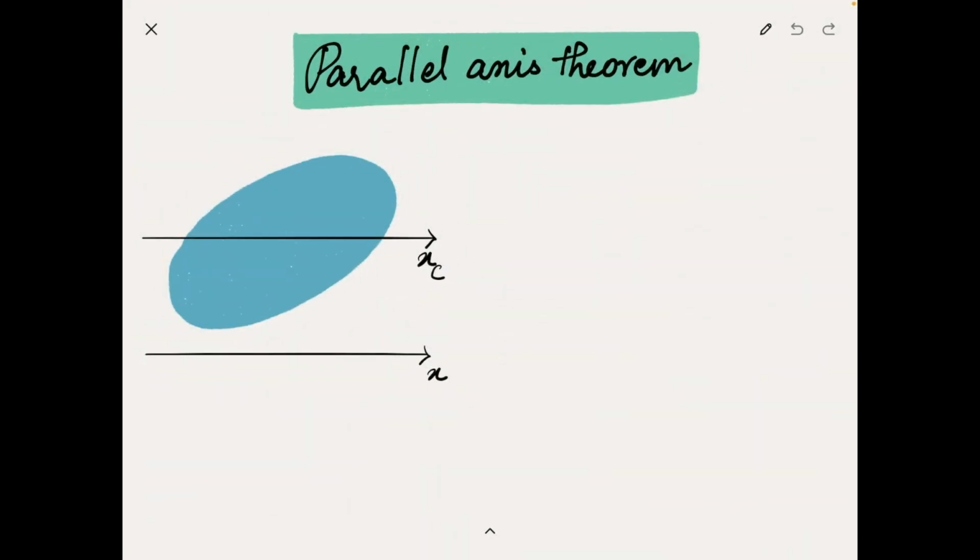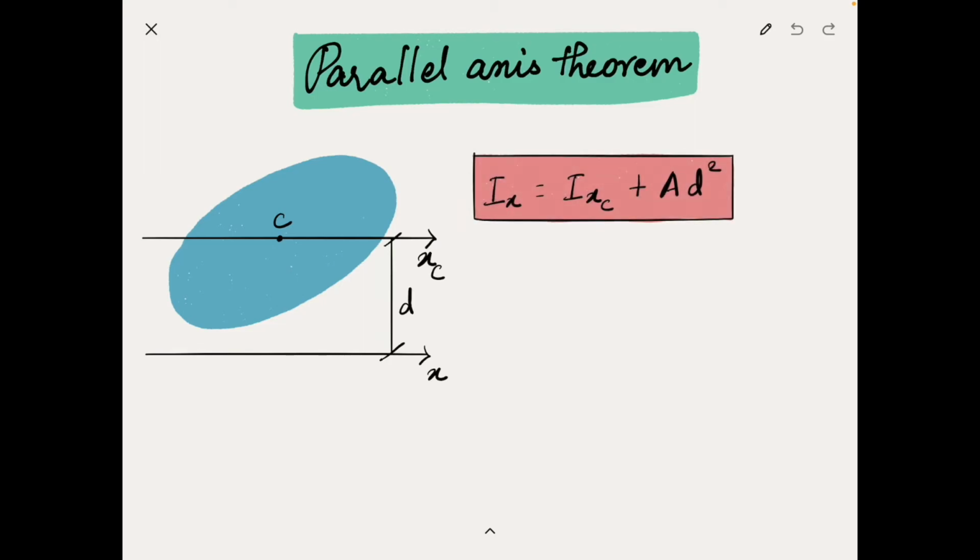To explain the parallel axis theorem, let's consider our 2D mechanics potato. The centroidal x-axis is xc and the reference axis with respect to which we want to find our moment of inertia is represented as x. If the distance between the two axes is d, then according to the parallel axis theorem, the moment of inertia with respect to the x-axis Ix is equal to the sum of the moment of inertia with respect to the centroidal x-axis Ixc and the product of area and the square of the distance d.